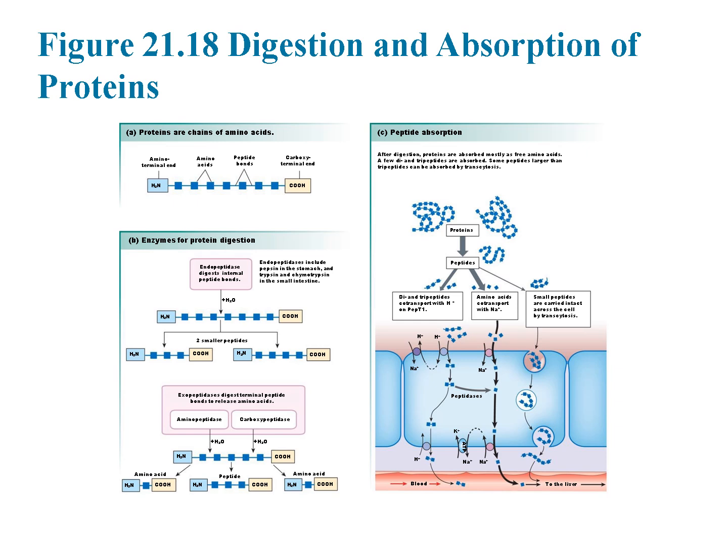Aminopeptidases remove amino acids from the amino terminal end, while carboxypeptidases break down peptides from the carboxyl terminal end. These actions generate smaller peptides and free amino acids, making them ready for absorption.